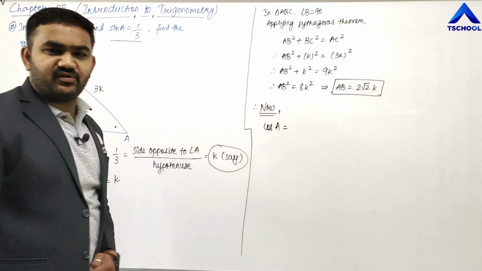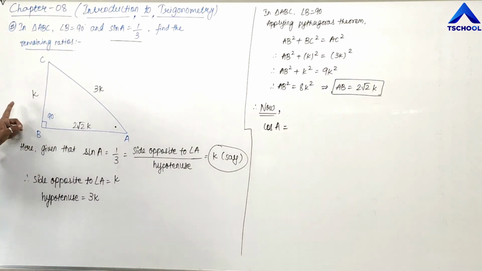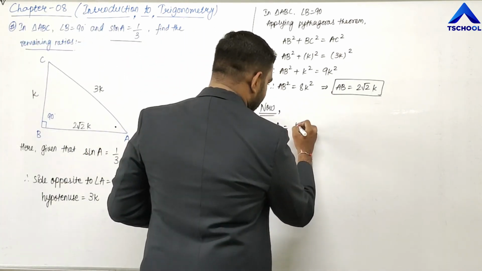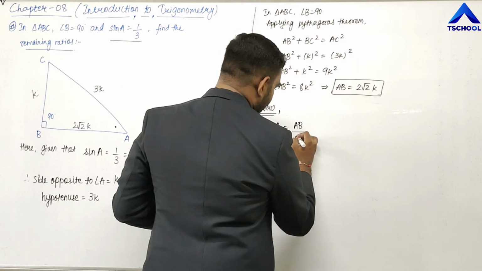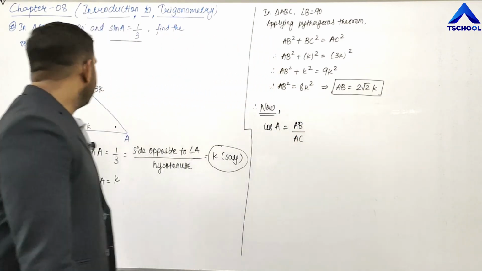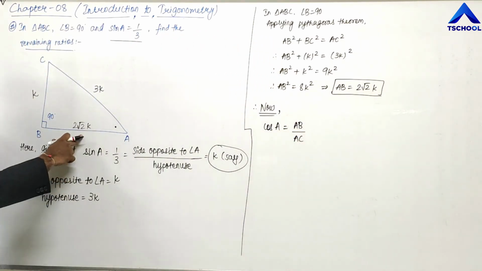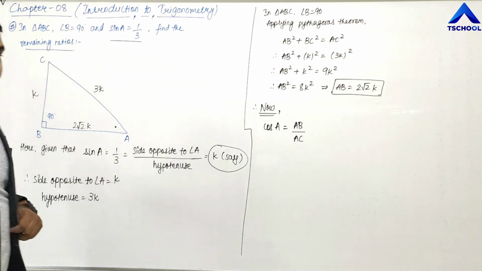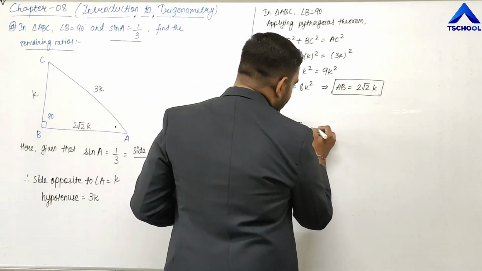that is cosine of angle A, that is side adjacent to angle A upon hypotenuse. What is side adjacent to angle A? That is AB upon the hypotenuse, that is AC. This is my side adjacent to angle A, this is my hypotenuse, and this is my side opposite to angle A. So what is AB that we got here?